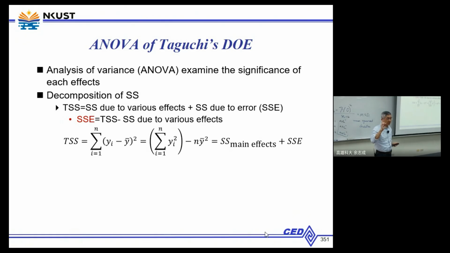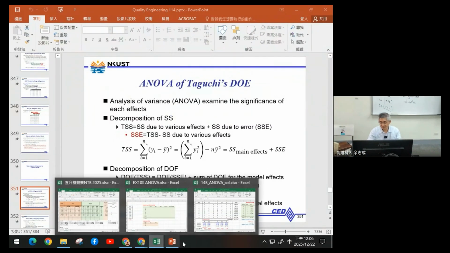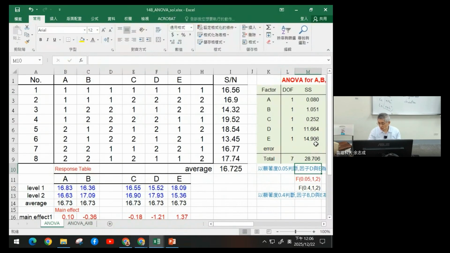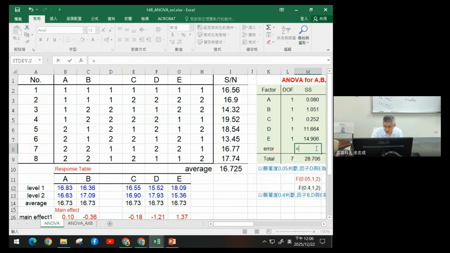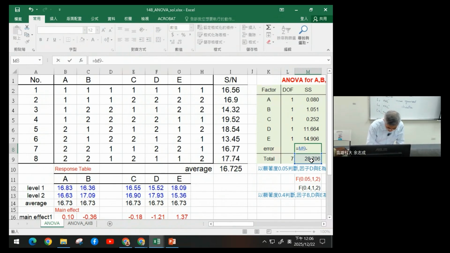Any questions? All right. So here, go back to the Excel. What is the total sum square due to error? This will be equal to the total sum square here, minus the sum square due to main effect.